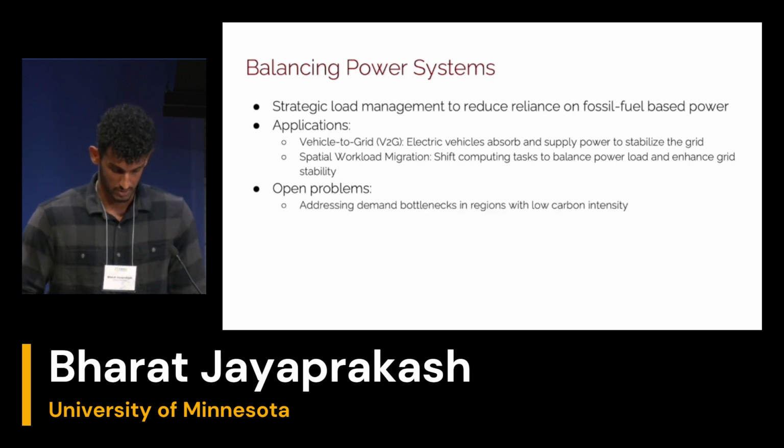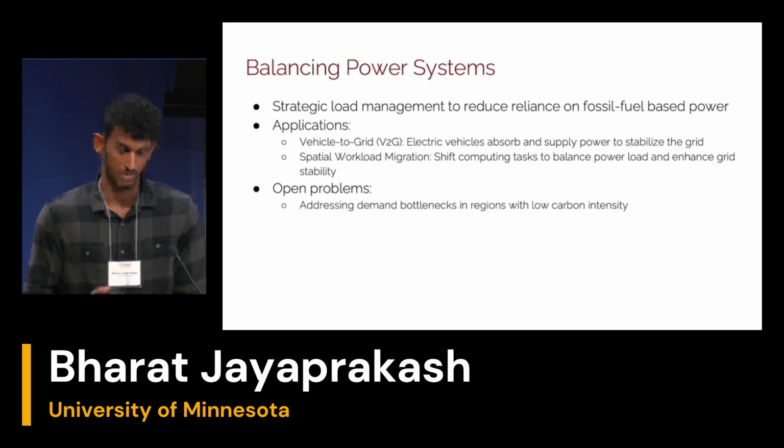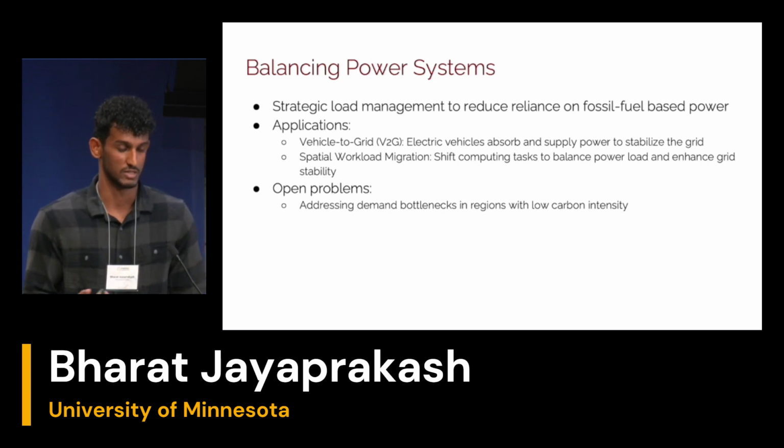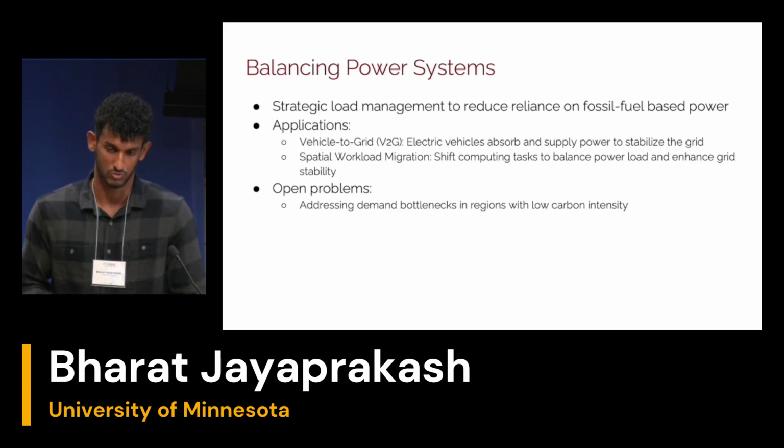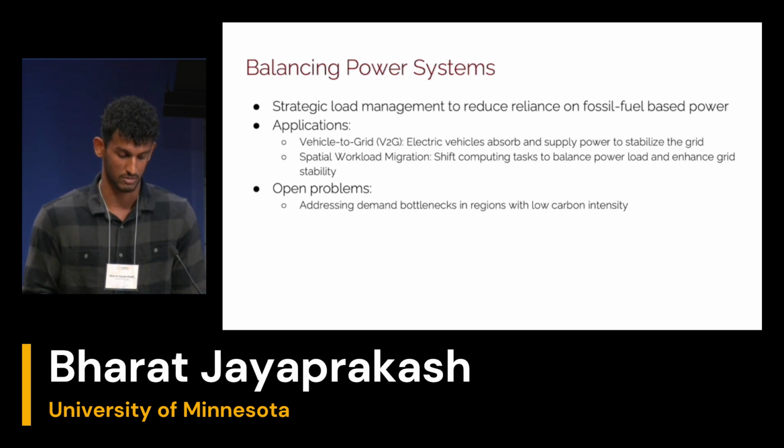Some of the open problems here are, in seeking to minimize carbon emissions, scheduling algorithms like the spatial workload migration algorithm can come across situations that are called demand bottlenecks, which happens when there's a surge in demand in areas where the carbon intensity is low. In such situations, the more common practice is to switch on backup power generators that are usually fueled by dirty sources, and that would increase the overall carbon intensity of that power grid.